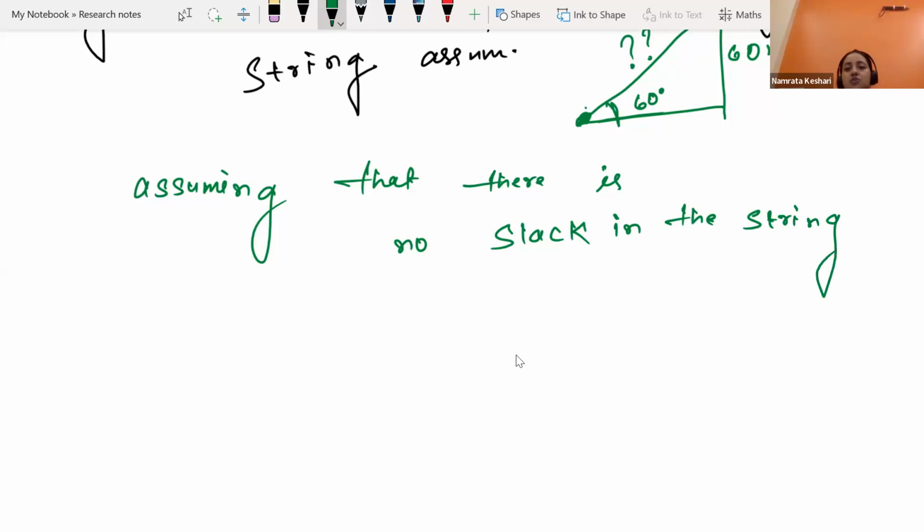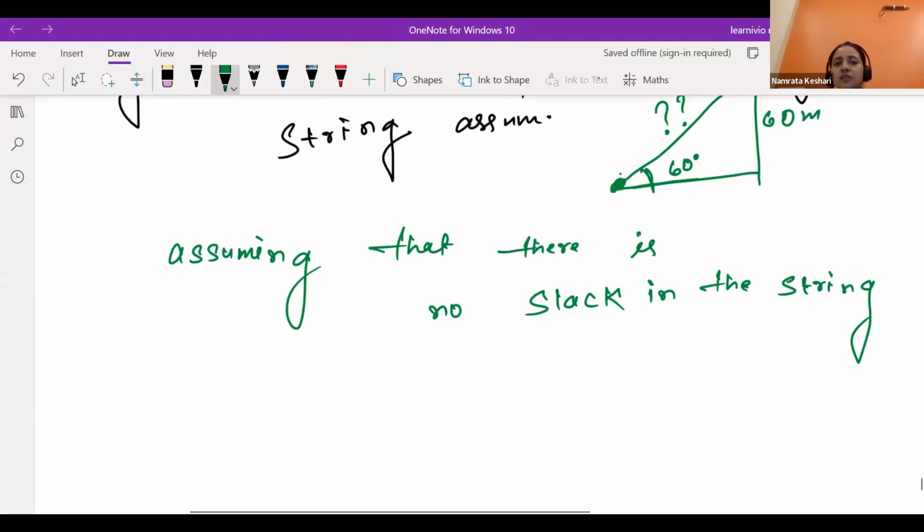No slack in the string means the string is tightly knotted to the point. If this is a string, a wire, it's not loose like this, it is tightly attached to that. That is what the last statement says, that there is no slack, it's not loose anywhere. Getting it?